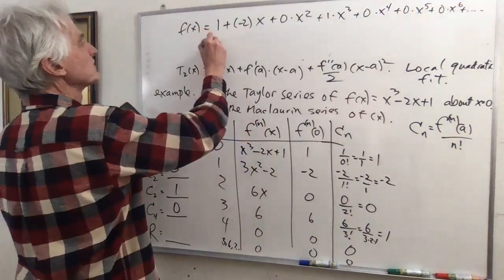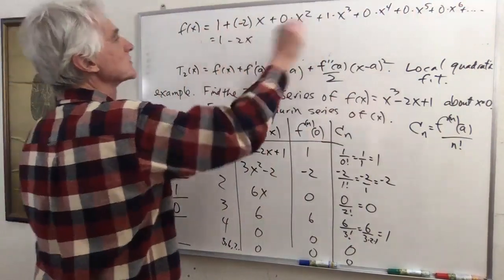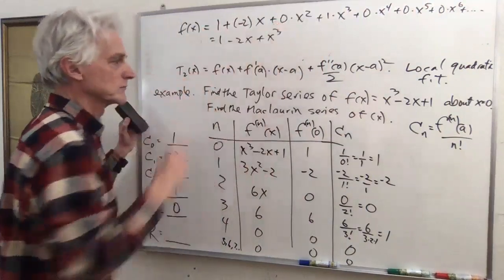So that can be more simply written as 1 minus 2x plus x cubed.